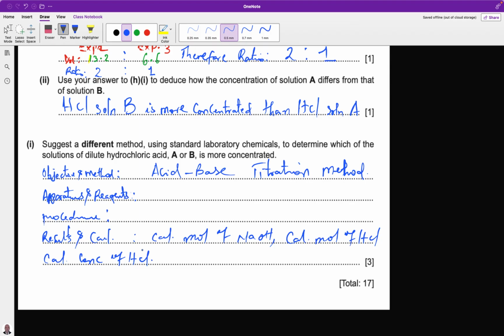Do this and compare for solution A and solution B. Then from that we can now say conclusion: compare concentration of A and B. That is how you can do that.